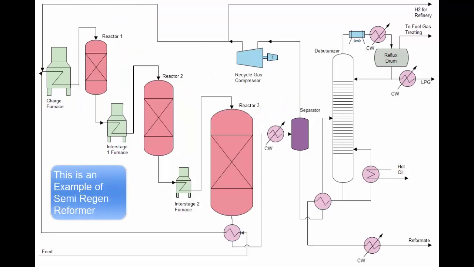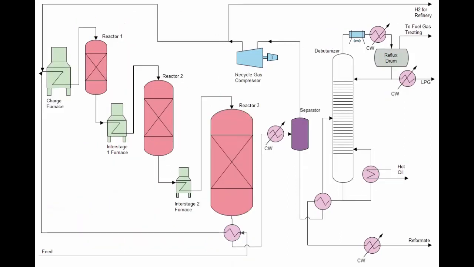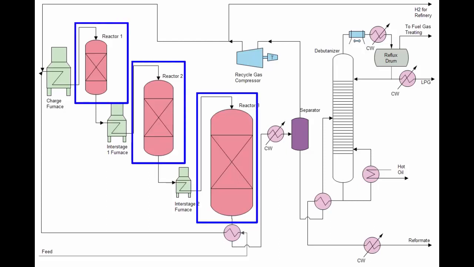There are 2 types of reformers in operation today: semi-regenerative and continuous. These different designs refer to how the catalyst ultimately gets regenerated. In a semi-regenerative reformer, like the one shown here, there is a series of separate distinct reactors with fixed catalyst beds.